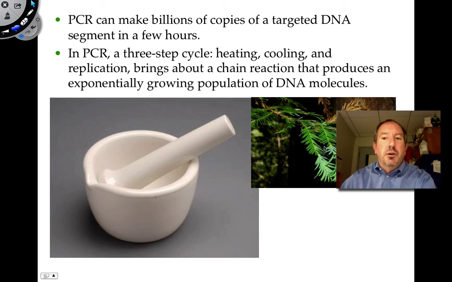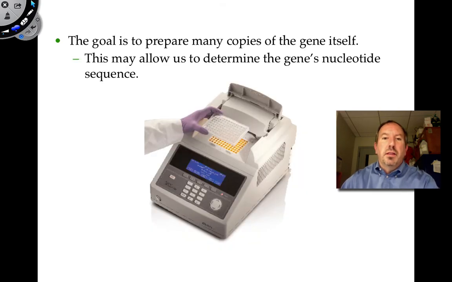So we're going to go to the woods, take the needles, basically add a bunch of chemicals called extraction buffer, and we're going to crush it in the mortar and pestle, and we're going to pull the DNA out and then purify it. And then we're going to put it into a little test tube on this rack, and then this goes into this machine. This machine looks complicated.